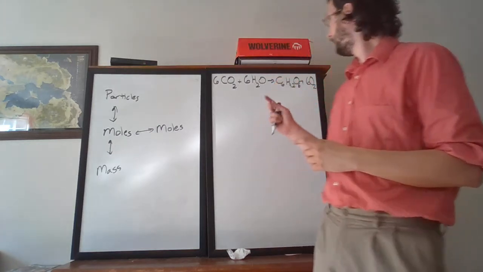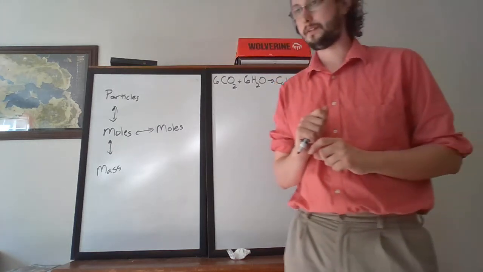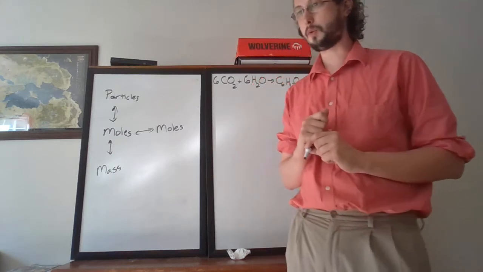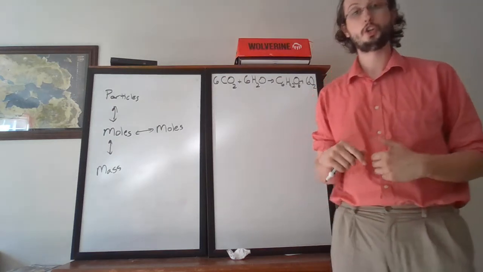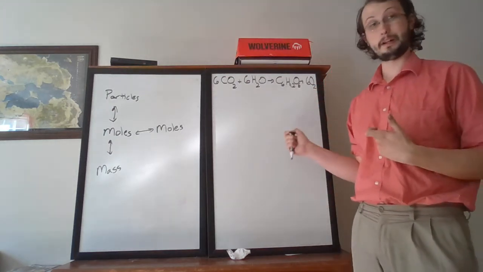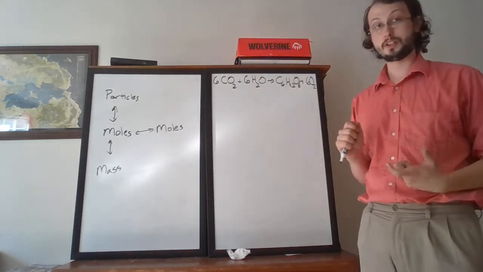So, the first question you have is, if a plant needs to make 12.6 grams of glucose, how many grams of water are required? Like in the last video, we're going to ask the same questions. I'm not going to write them this time. But our first question is always, what do we know?